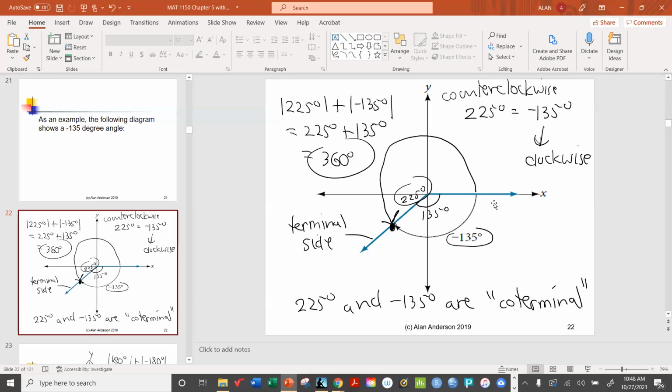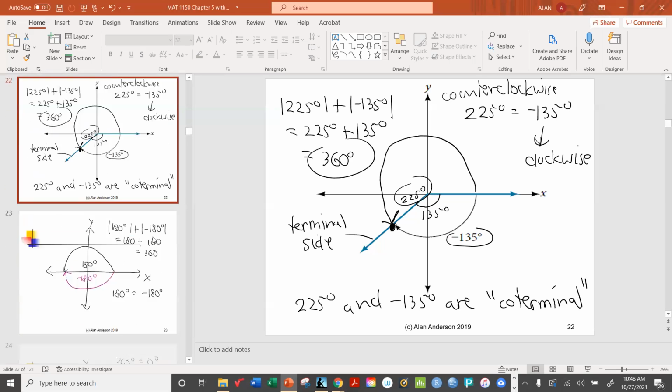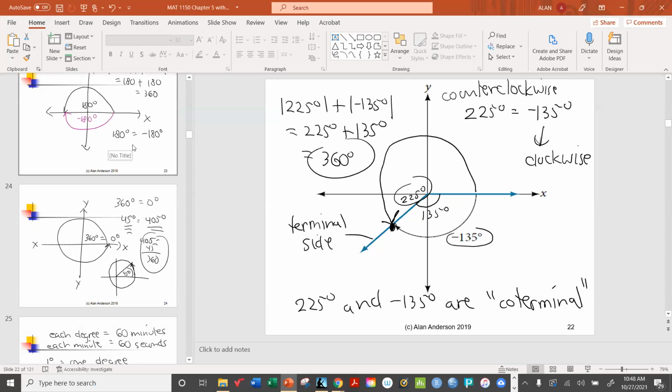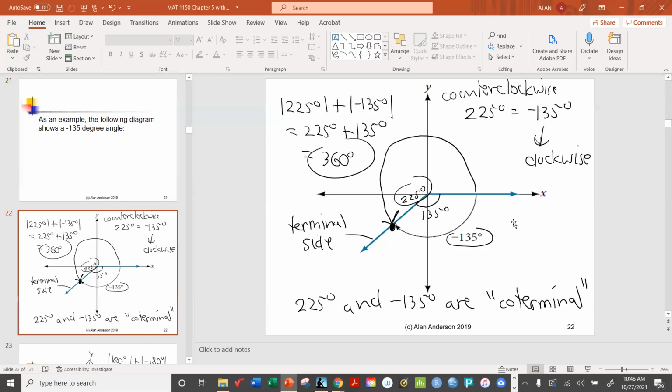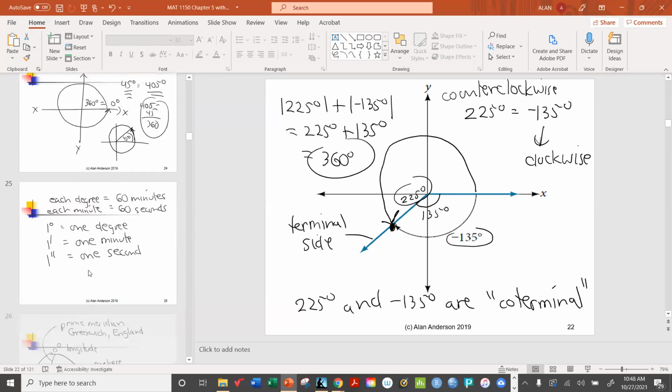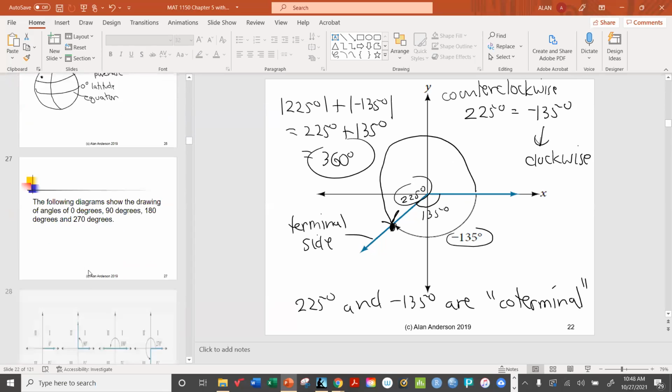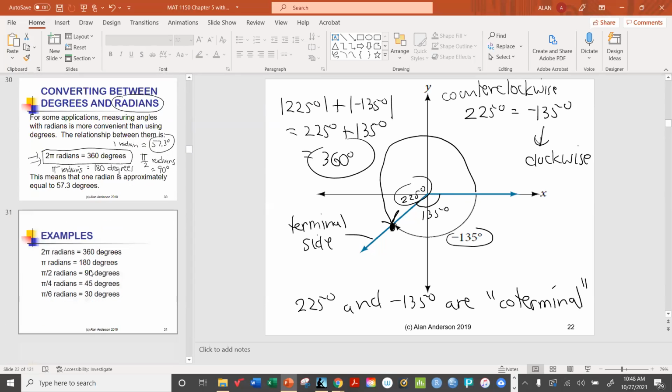Now, also, we can have angles that are greater than 360. For example, if you went around the entire circle twice, that could be considered 720 degrees. So the angles that are larger than 360 can be reduced to angles between 0 and 360 as well. All right, so let's jump ahead.